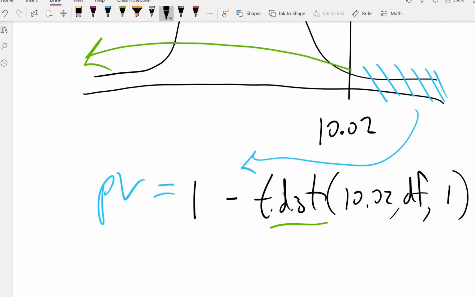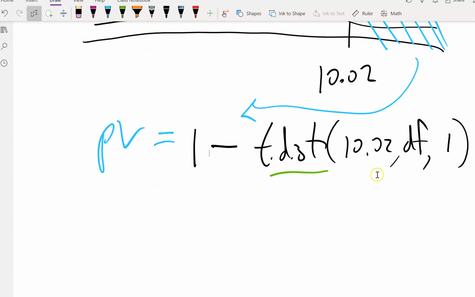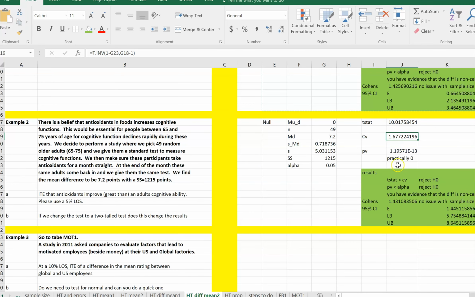That's why I do 1 minus for this type of example. And so that's what I have typed into Excel, and I'll just pause there to make sure I did. It is 1 minus T.DIST of J17, which is the t-stat, comma, degrees of freedom, comma, true.